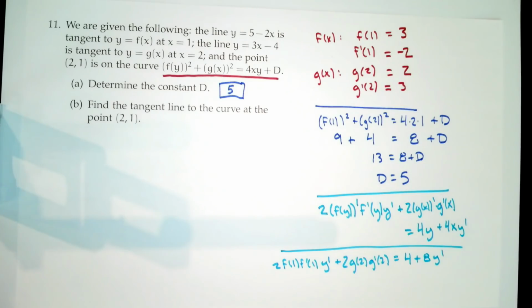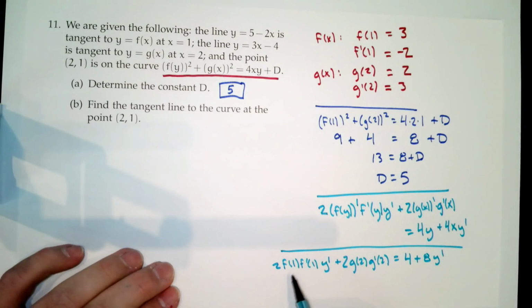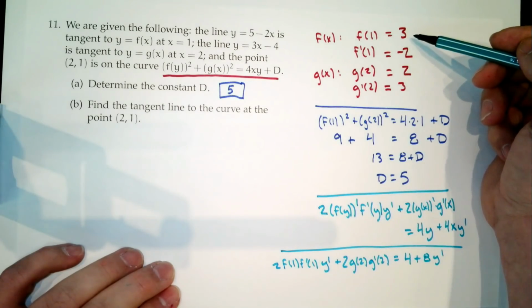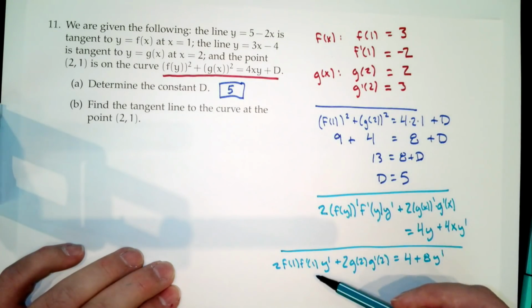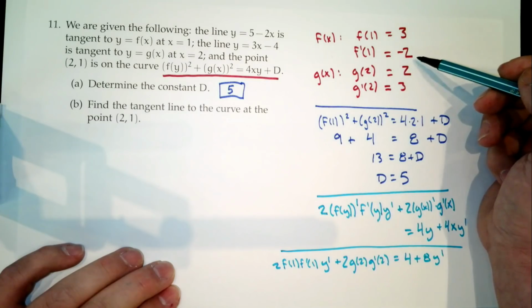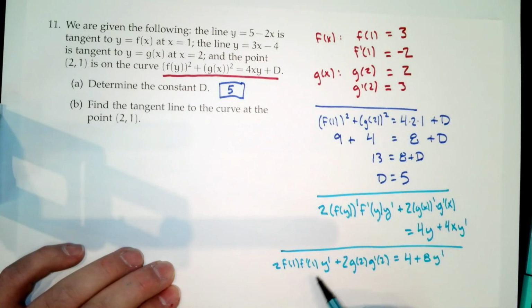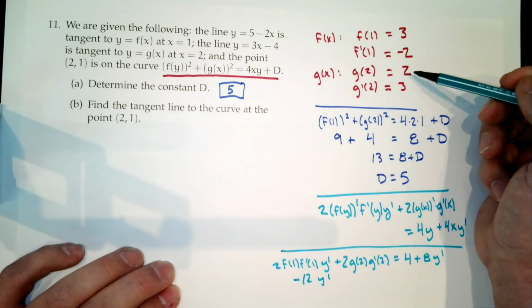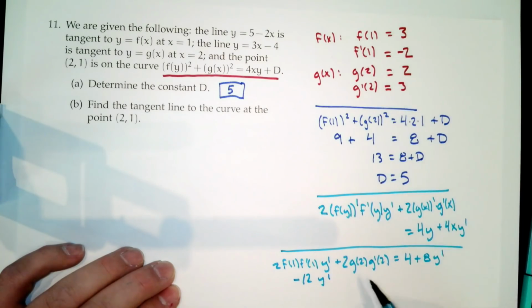So f of 1 is 3. f prime of 1 is negative 2. So I have 2 times 3 times negative 2, which gives me negative 12 y prime. g of 2 is 2. g prime of 2 is 3. So this is plus 12, equal to 4 plus 8 y prime.